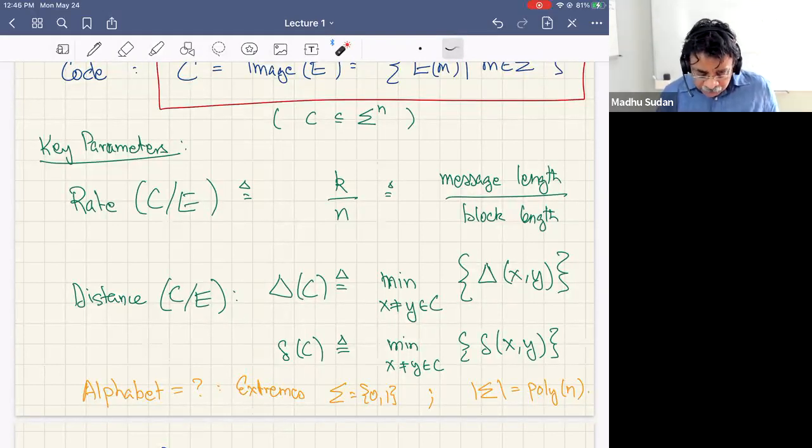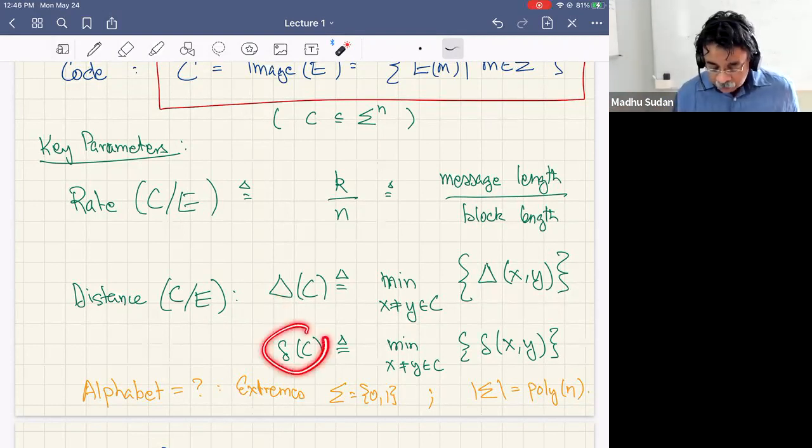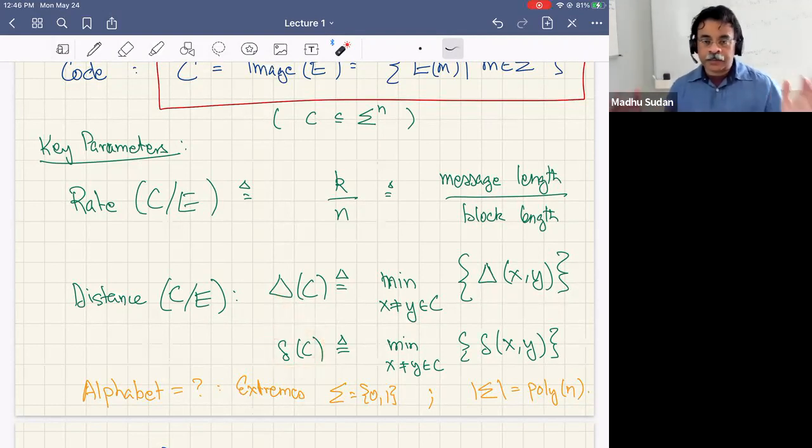As usual, capital Delta will be for non-normalized quantities which are integers between 1 and n. Delta of C is going to be normalized so that it's now a ratio, between 0 and 1. Often looking at things between 0 and 1 and taking the limit as n goes to infinity gives us a lot of the insights.